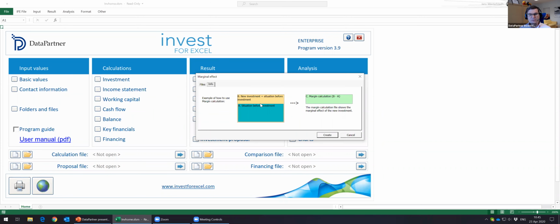It's not as such representative for the new investment. But when you press the create button here, a third complete calculation is created automatically, which is the difference between these two. And that's then the investment calculation for the additional investment. We will also practice this later today.